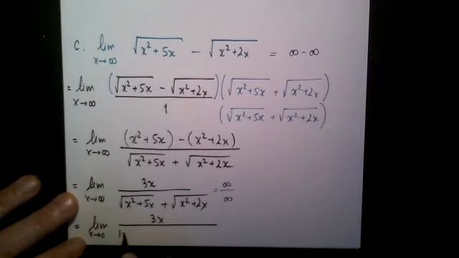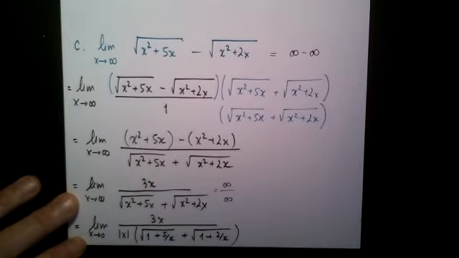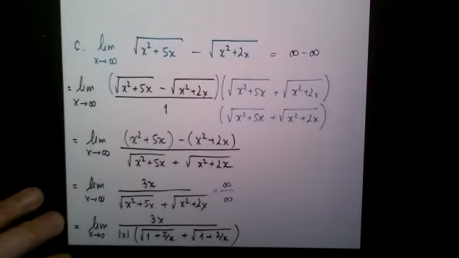An absolute value of x, don't forget. The first root will be 1 plus 5 over x, plus the second root will be 1 plus 2 over x.